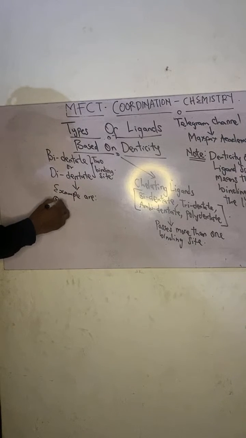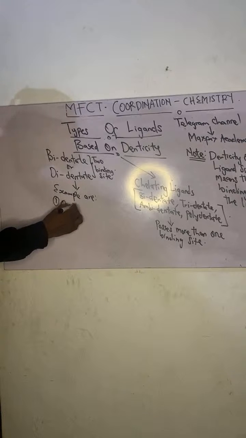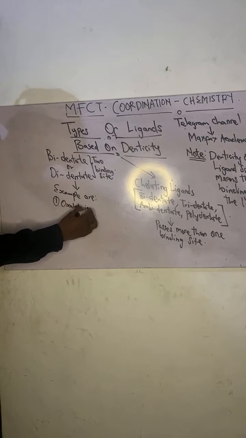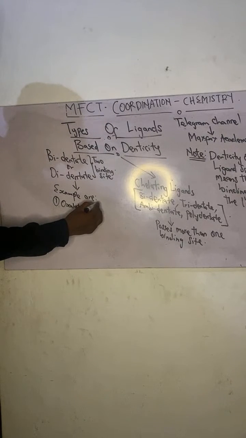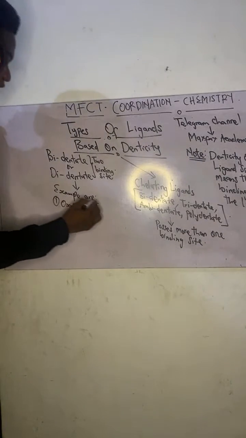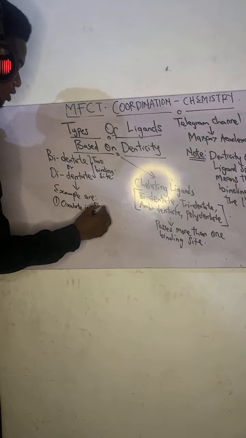Number 1, oxalate ion. You have to know that oxalate is coming from oxalic acid. So we are talking about oxalate ion. This is when we are talking about oxalic acid or ethane dioic acid with the general formula HCOO.